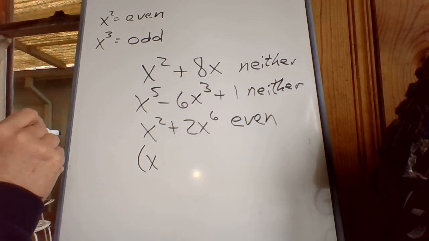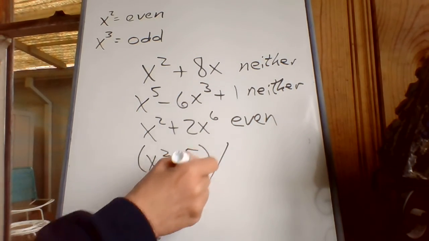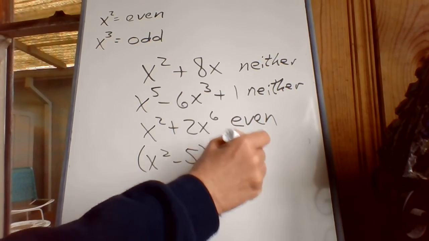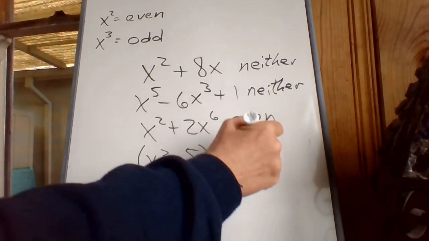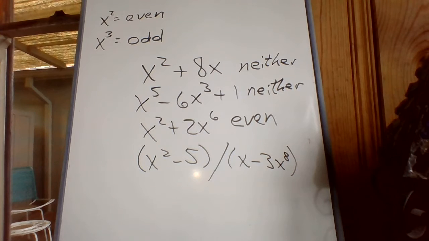X squared minus 5 over x minus 3x to the 8. Okay, x, that's just plain old x. All right.